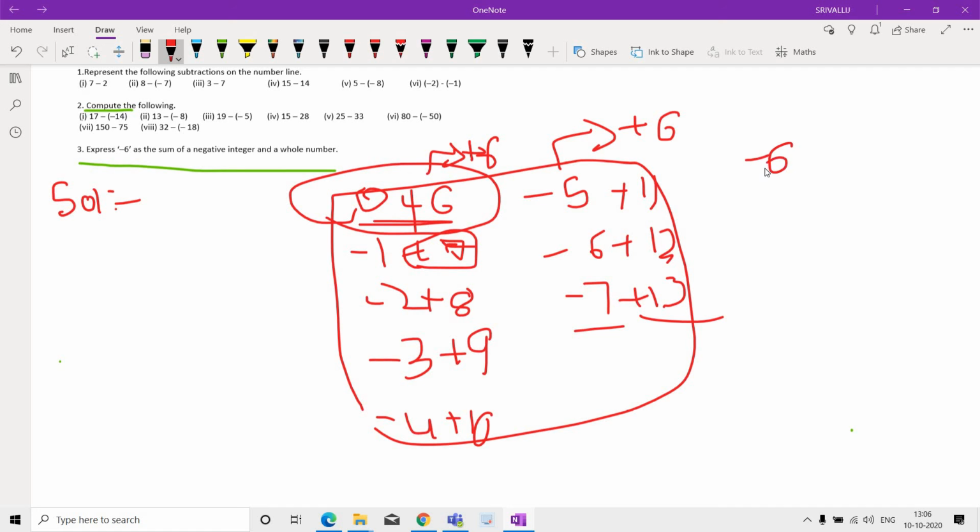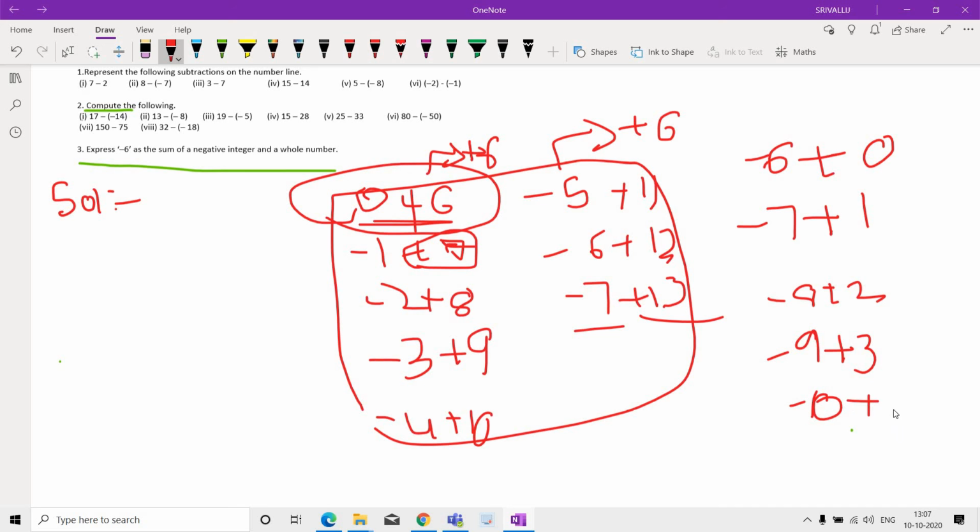So minus 6 plus 0, minus 7 plus 1, minus 8 plus 2, minus 9 plus 3, minus 10 plus 4, minus 11 plus 5. So for all big numbers having negative symbol, that time we will get minus 6. But here all big numbers having positive, so the answer will be in positive. Don't confuse.